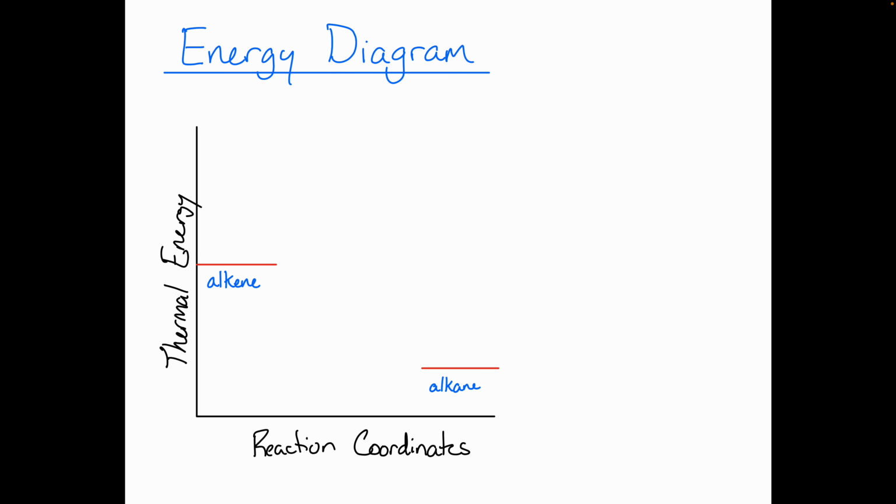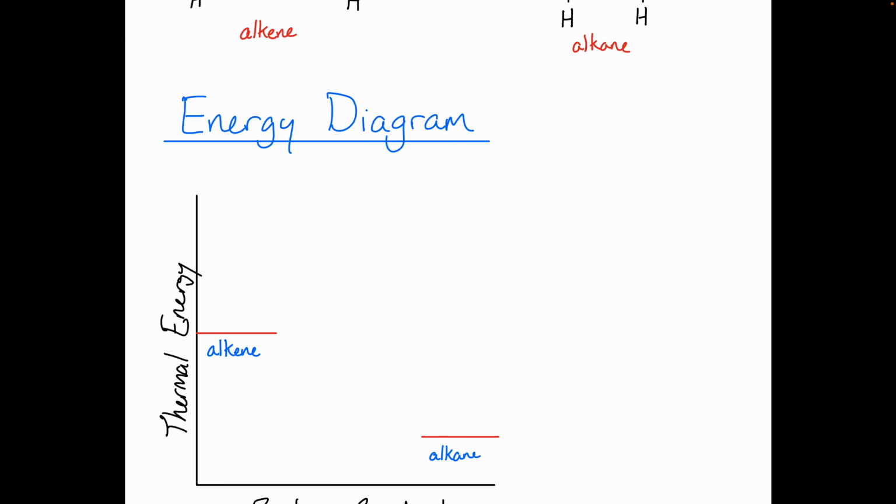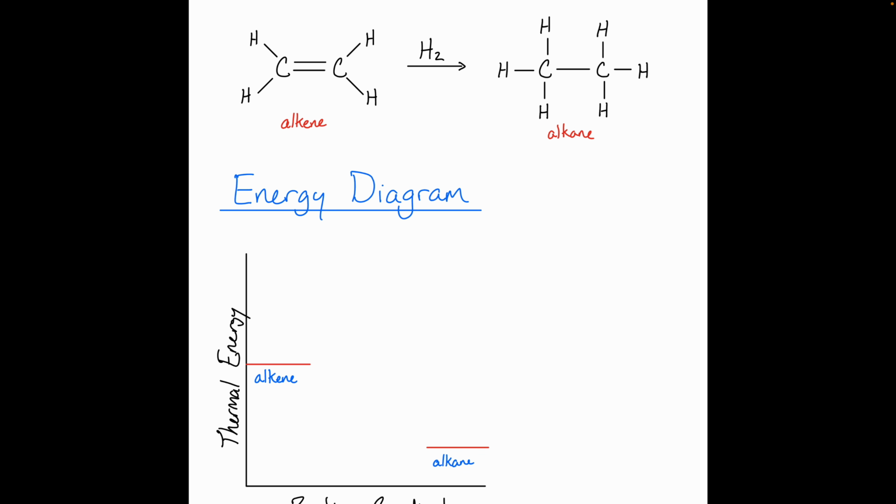All right, and so what we'll notice is that our alkenes are higher energy than alkanes. That's what our diagram is showing us here. Going from reactant to product, alkanes are lower in energy than alkenes. So this reaction is favorable from the standpoint of where we're starting and where we're ending.